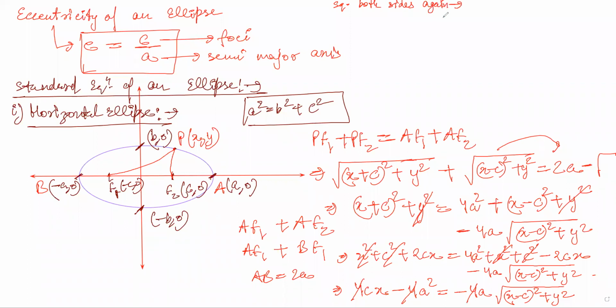So squaring both sides again, we will get c square x square plus a to the power 4 minus 2a square cx is equal to a square into (x minus c) whole square, which would be x square plus c square minus 2cx plus y square.